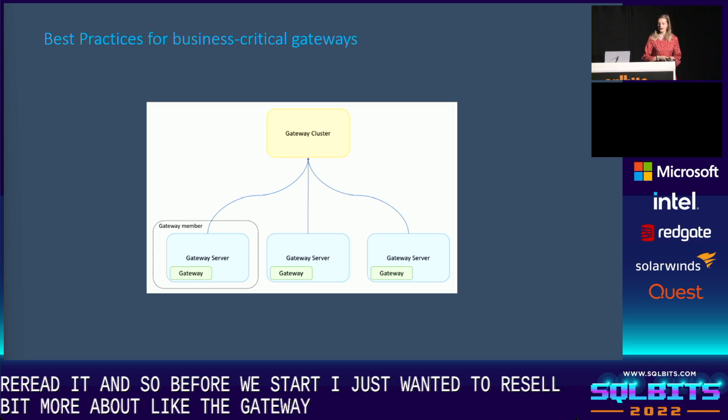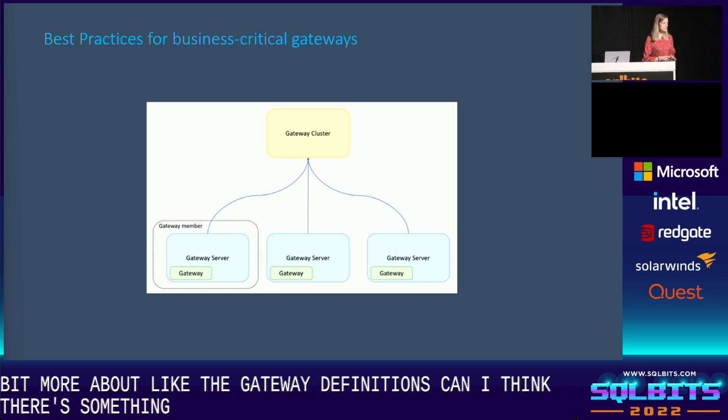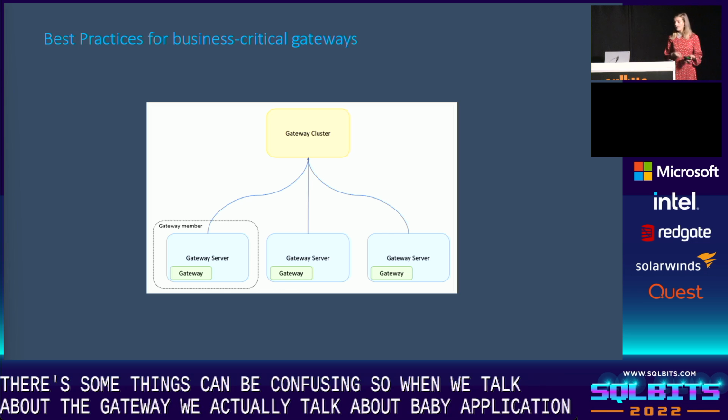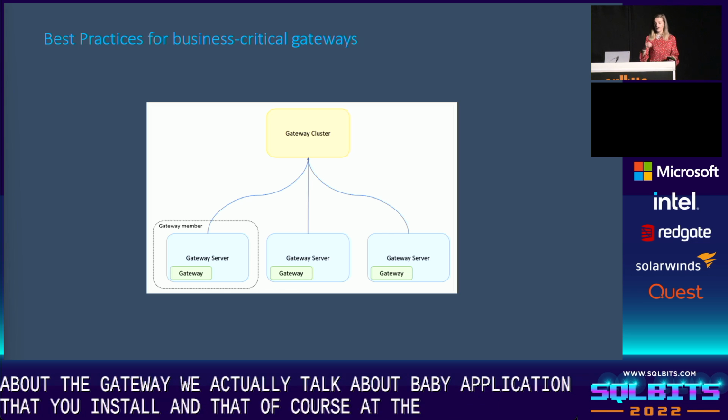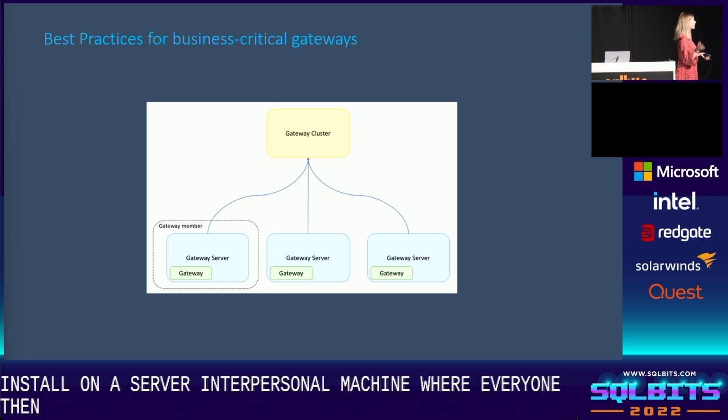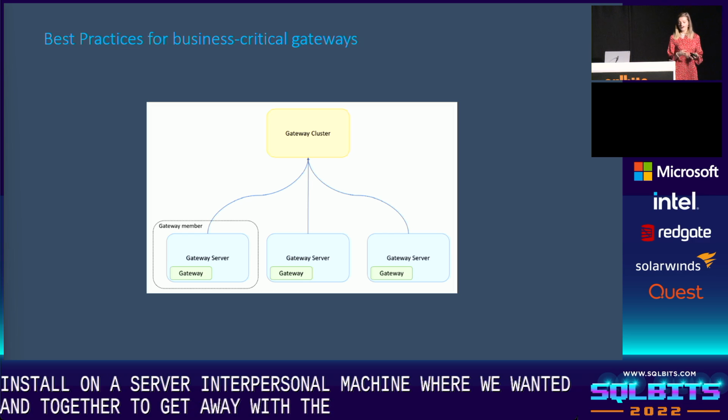because I think there sometimes can be a bit confusing. So when we talk about the gateway, we actually talk about the application that you install. And that application you install on a server, a personal machine, wherever you want it. And together, the gateway with the server becomes a member.